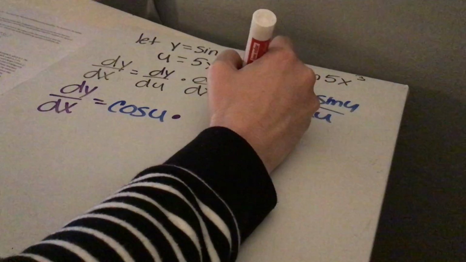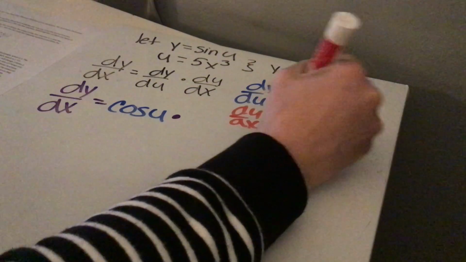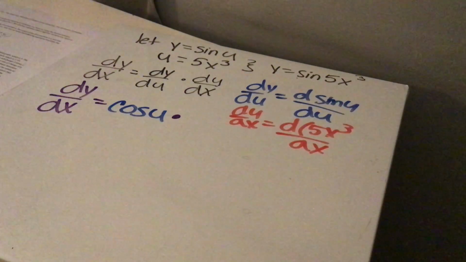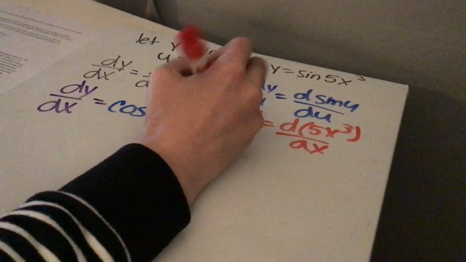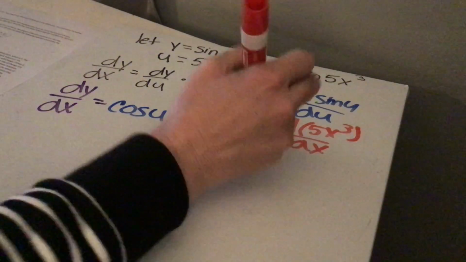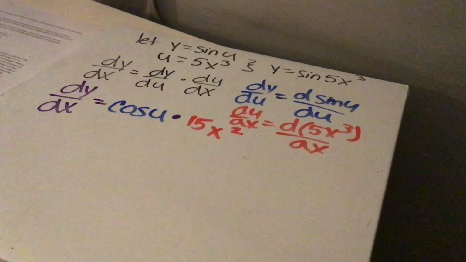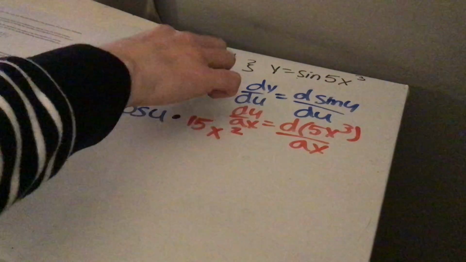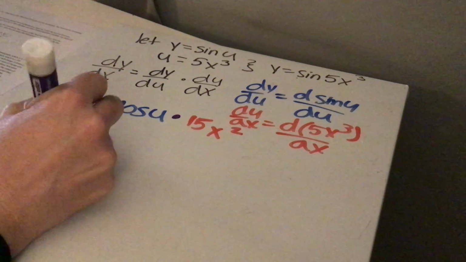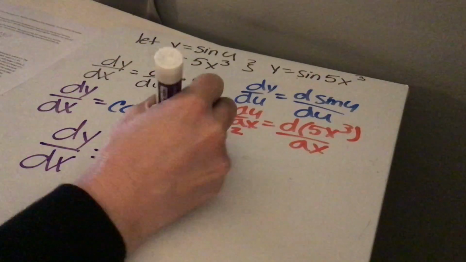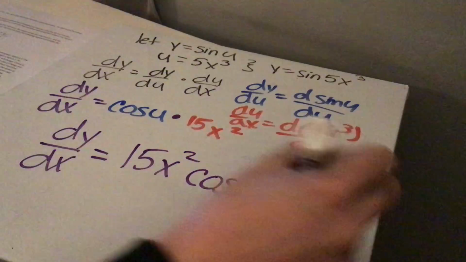So du/dx is the derivative of 5x cubed, which is 5 times 3, or 15x squared. But you want it with respect to x, so you replace u with what it's equal to. So dy/dx equals 15x squared times the cosine of 5x cubed.